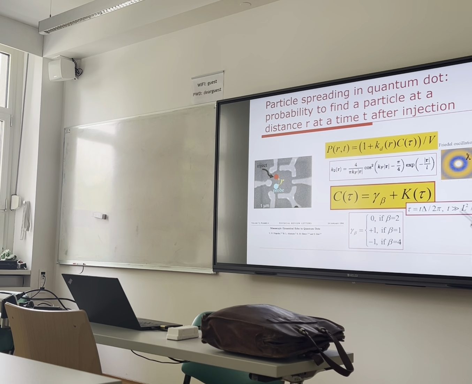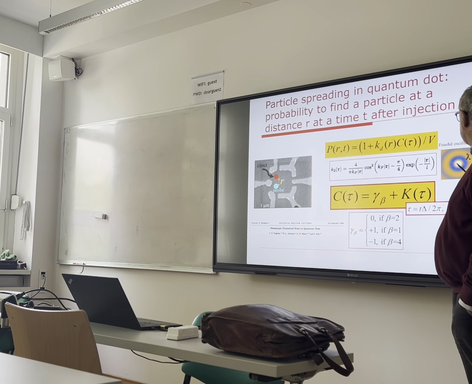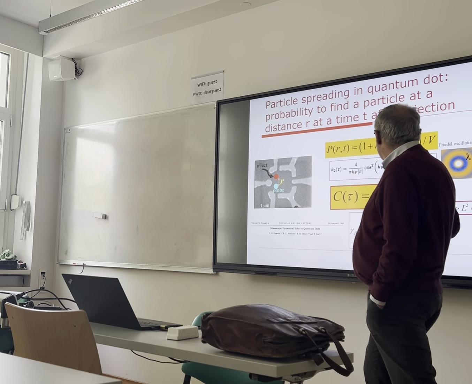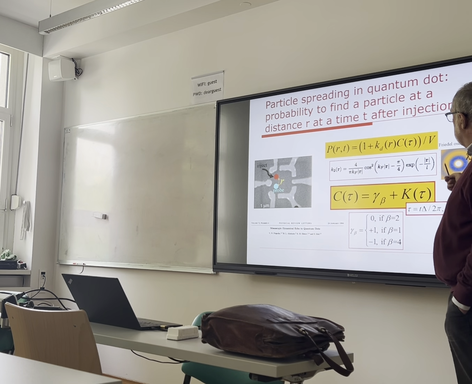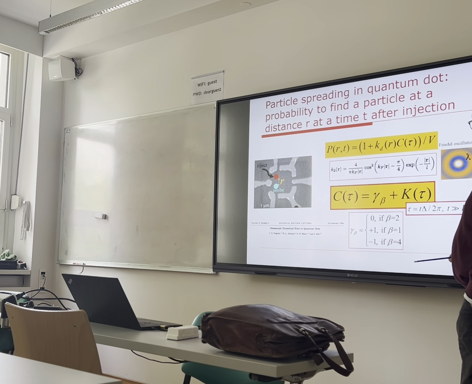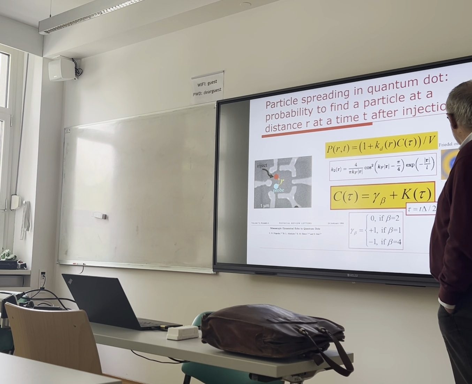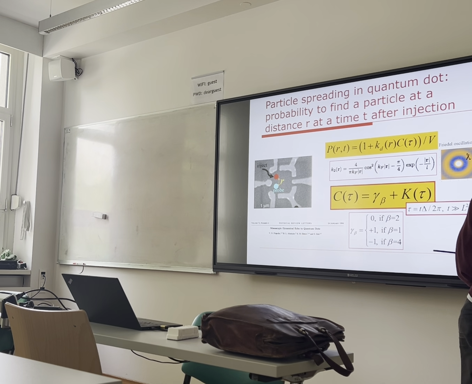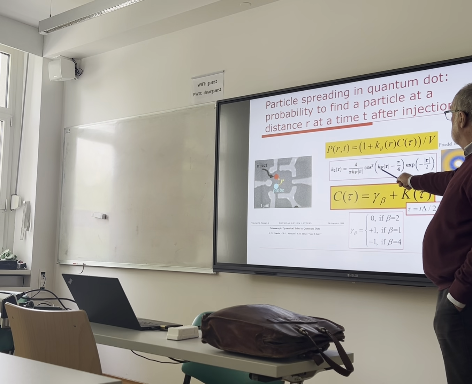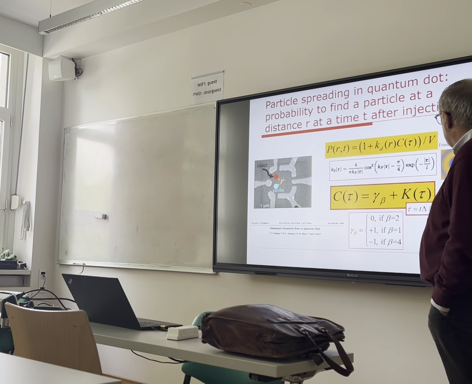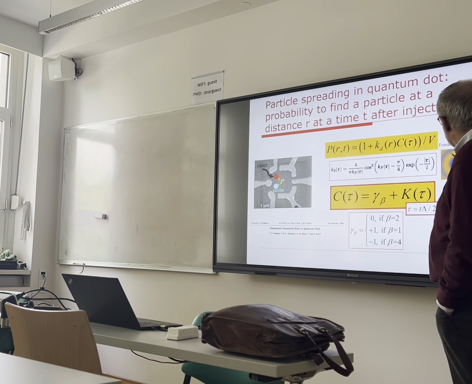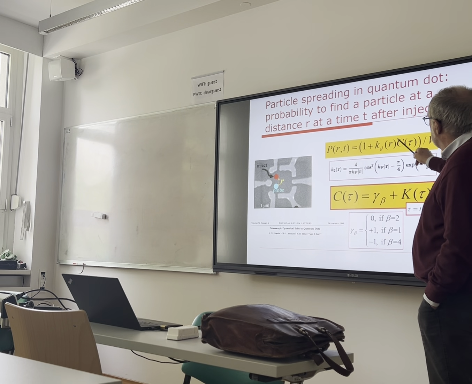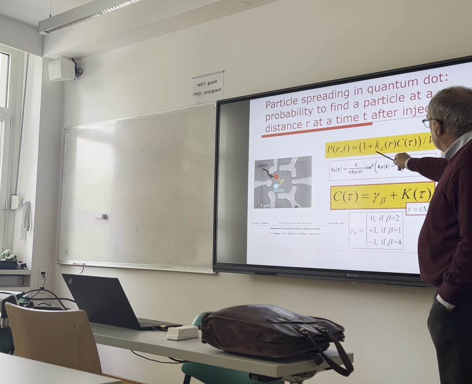So the density oscillates at large distance from this point. This form is valid, otherwise it is some basic functions. And these oscillations have the period of the de Broglie wavelength, and this de Broglie wavelength is set by the Fermi momentum.